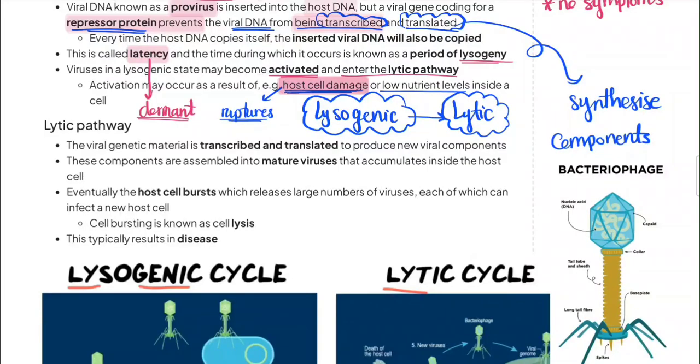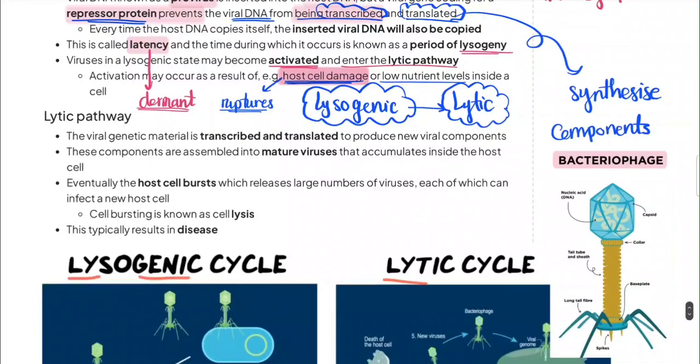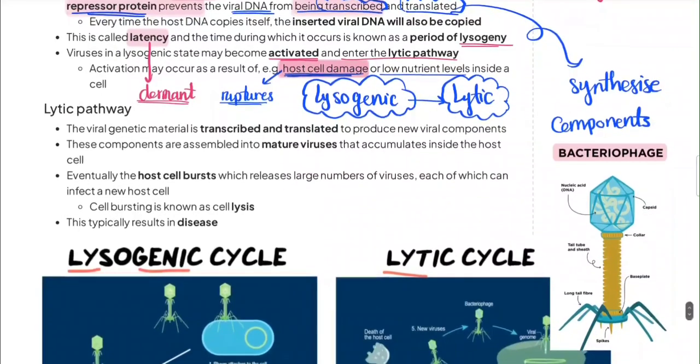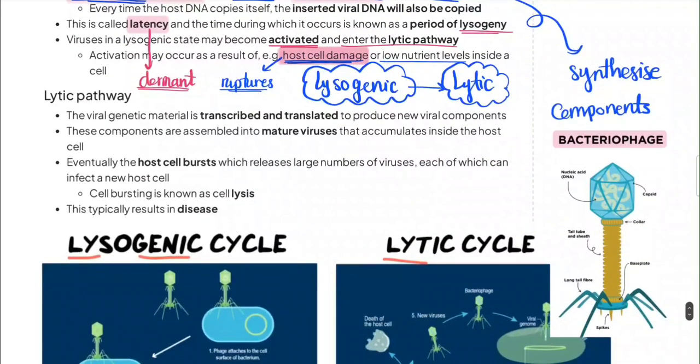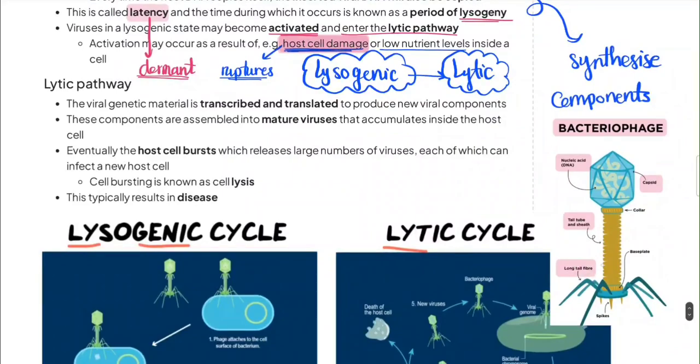clearly in this diagram of a bacteriophage, which is a type of virus from the DNA viruses. As you can see, it has components such as the capsid, nucleic acid, tail tube and sheath, long tail fibers, spikes, base plate, and collar.